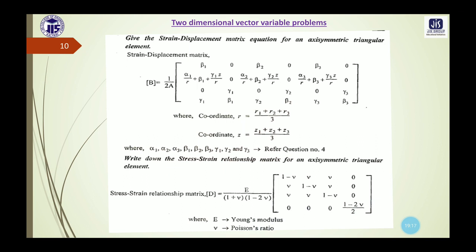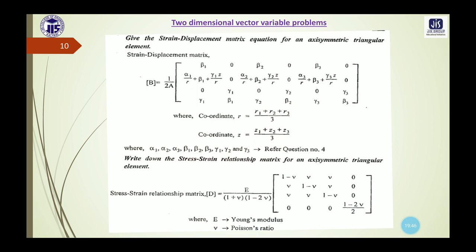Next, in this question we need to write the strain displacement matrix equation for an axisymmetric triangular element. This is the formula for the strain displacement matrix. It is B equals 1 by 2A multiplied by a 4 by 6 matrix, and here this A is the area of that triangular element.